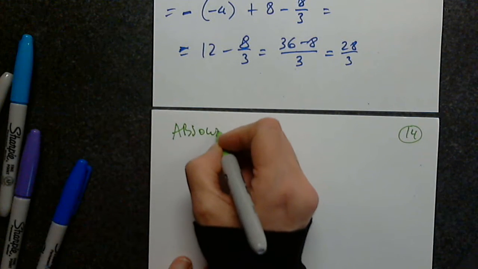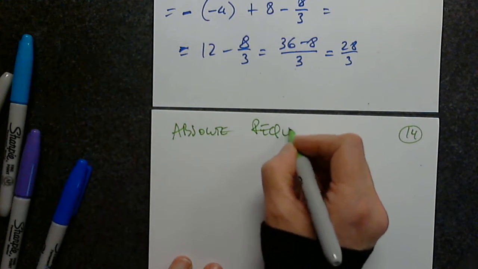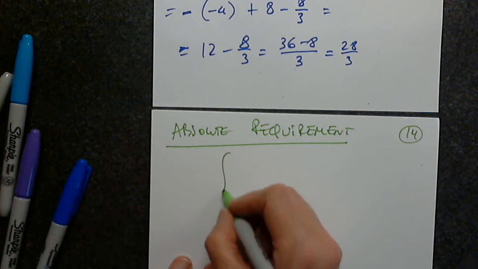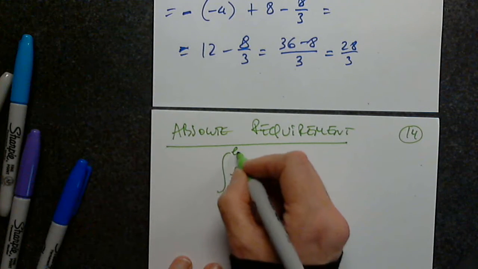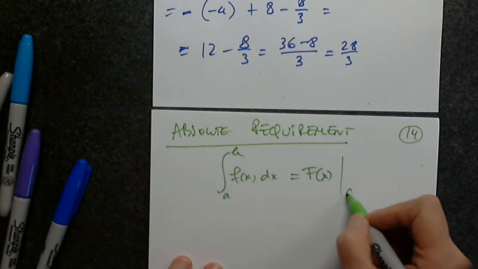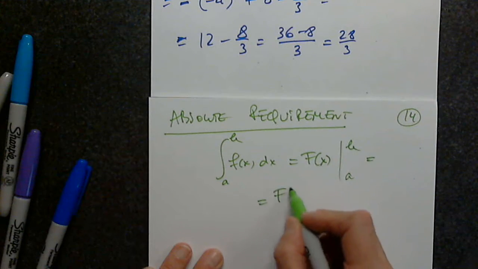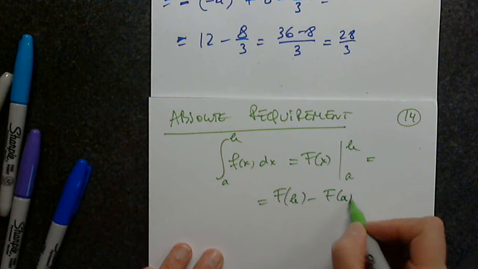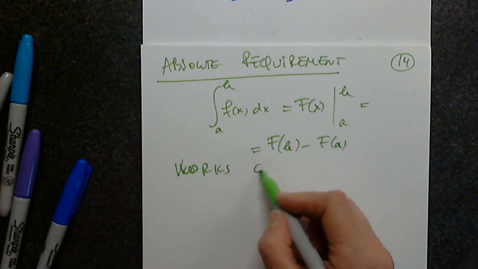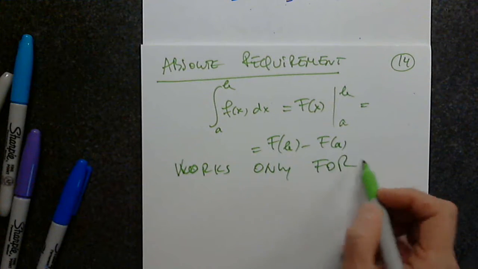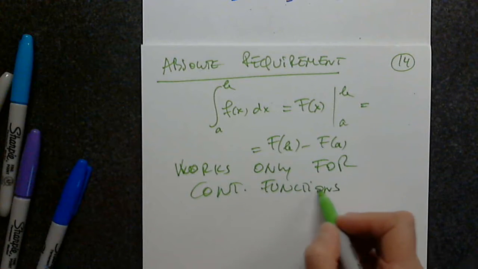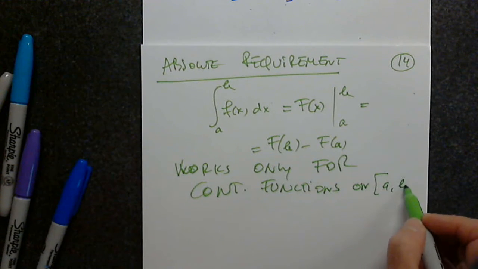Absolute requirement: the integral from a to b of f of x dx equals uppercase F of x from a to b, or if you want, F of b minus F of a, works only for continuous functions on a comma b.